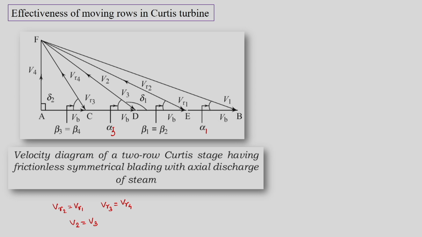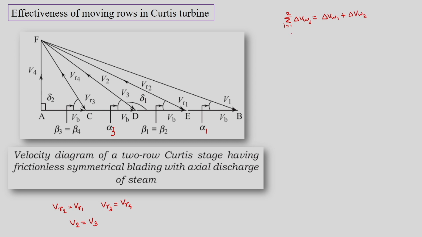So as per the formula for work done, we basically need delta VW. For 2 stages, we need the sum over i equal to 1 to 2 of delta VWi, which is equal to delta VW1 plus delta VW2.